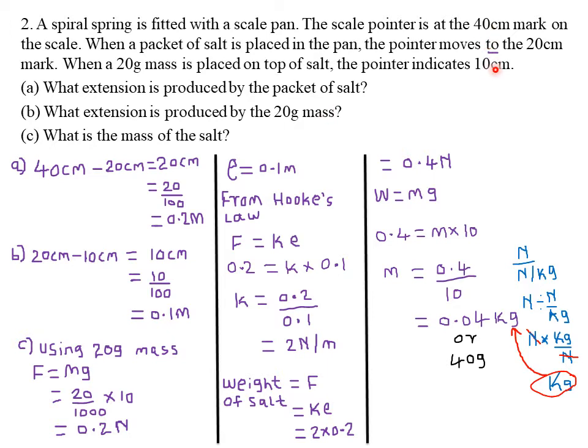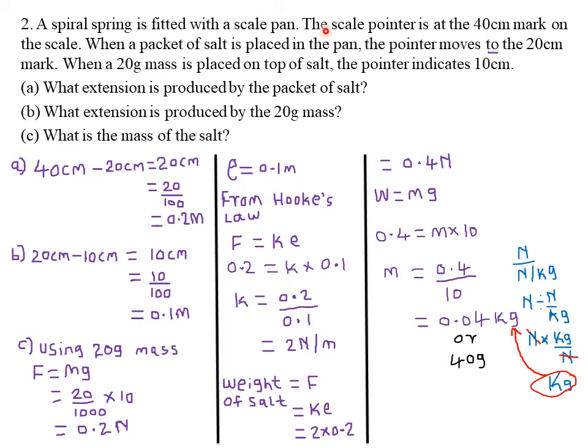Why? Because when the 20 gram mass is added, the spring already has a scale pan, and is reading already the weight of the scale pan and the weight of the salt. So the scale pan plus the salt is the initial reading of the scale when the 20 gram mass is not added.